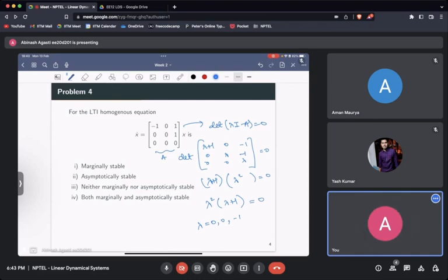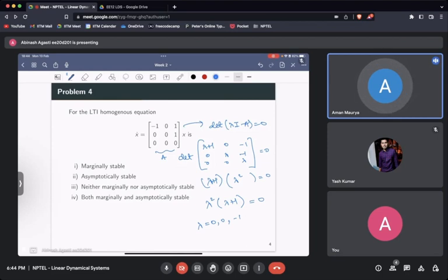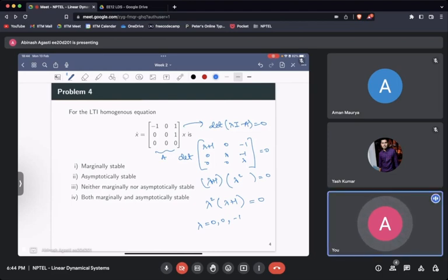Okay, tell me, when is a system asymptotically stable? In terms of eigenvalues, what result do we know about asymptotic stability?